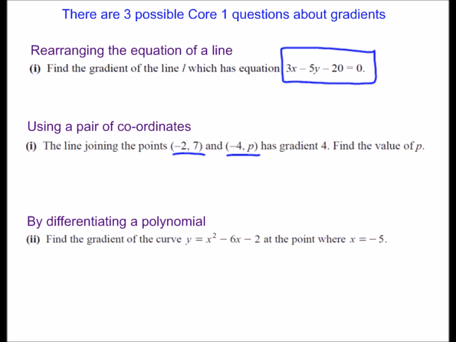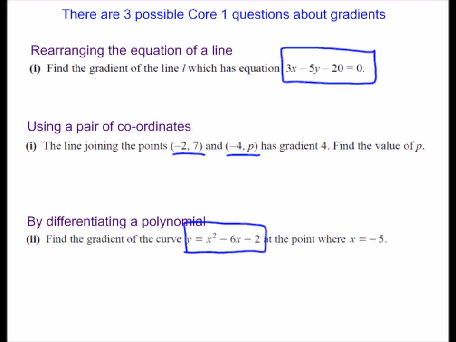And the third way, and you won't meet this until towards the end of Core 1, is by differentiating what we call a polynomial. And a polynomial is any graph which is like a quadratic or a cubic. It's something like that. And specifically, it is not a straight line.